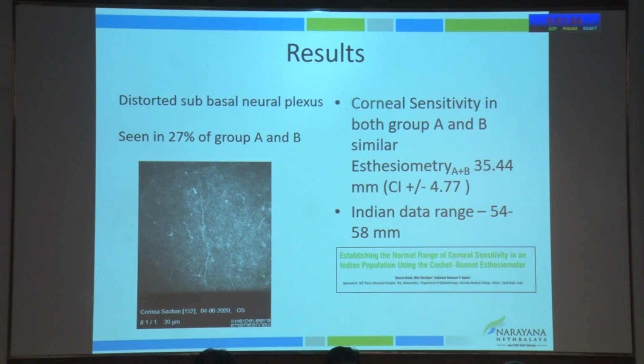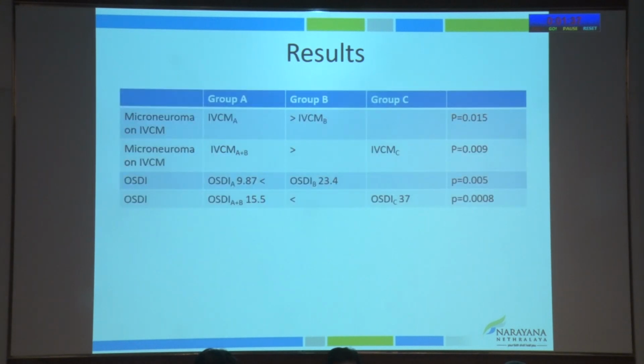There was distorted subbasal neural plexus seen in 27% of group A and B. Corneal sensitivity in both group A and B was decreased to 35 millimeters, where the Indian normative data talks about 54 to 58 millimeters.